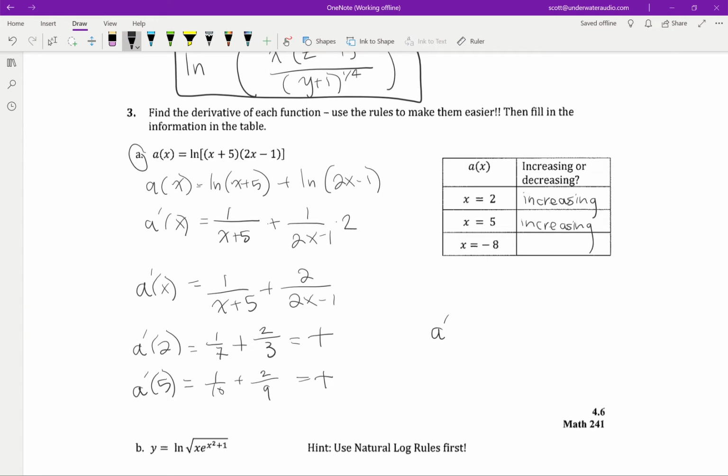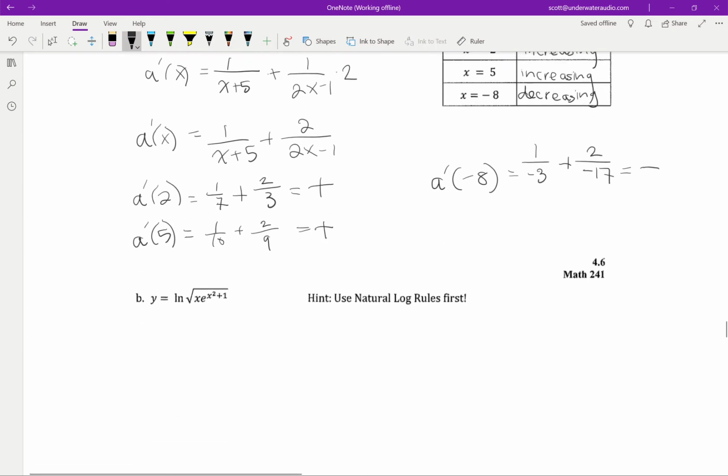At x equals -8, I would get, let's see, -8 plus 5 is -3. And then 2 over -16 minus 1 is -17. So whatever this is, that's certainly negative, which means it's decreasing. Cool.